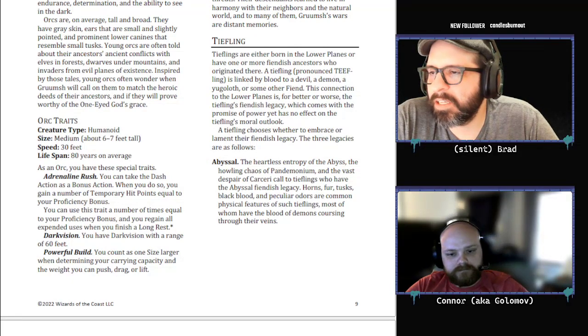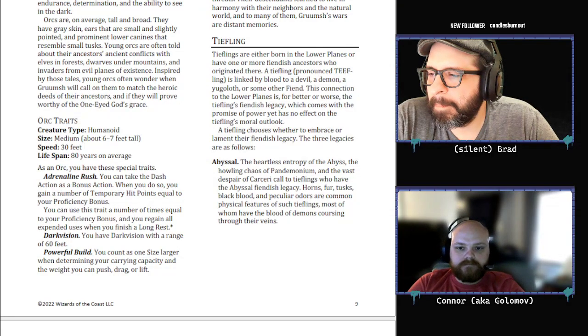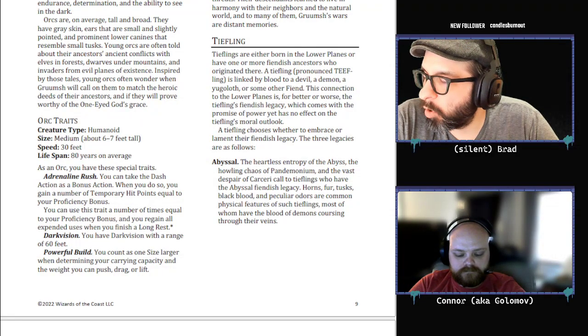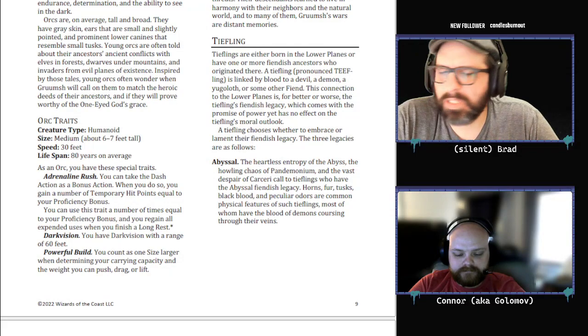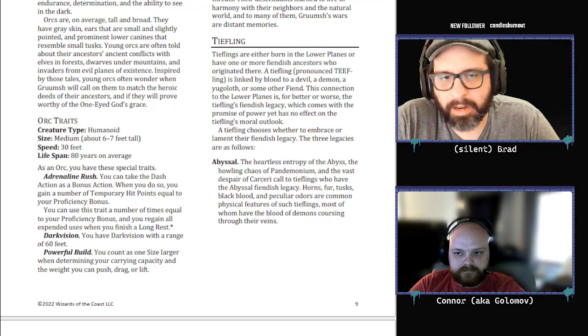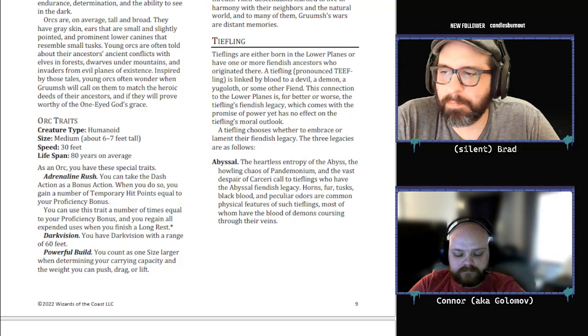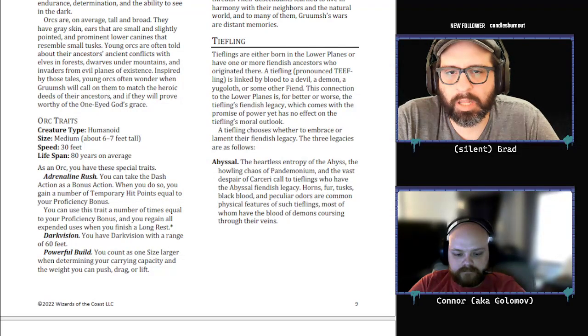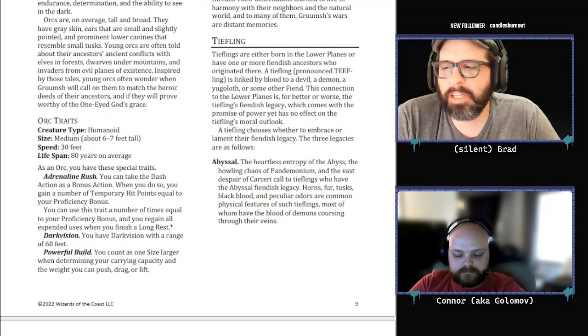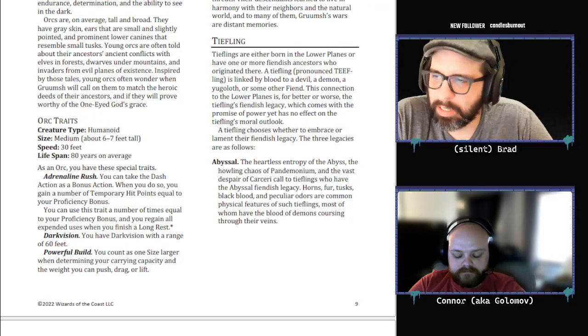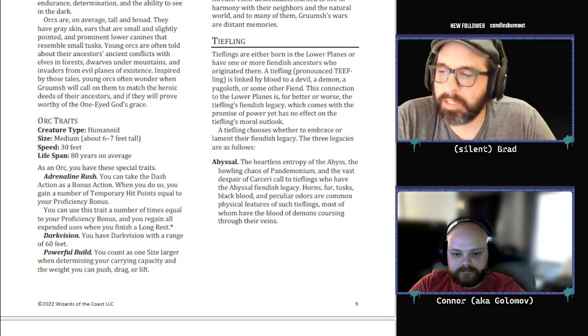So tieflings are back now, unlike before, because there was an Unearthed Arcana that had an abyssal tiefling, and then they were like, no, that doesn't fit because tieflings are always to do with the Hells, and now they're bringing back abyssal ones.